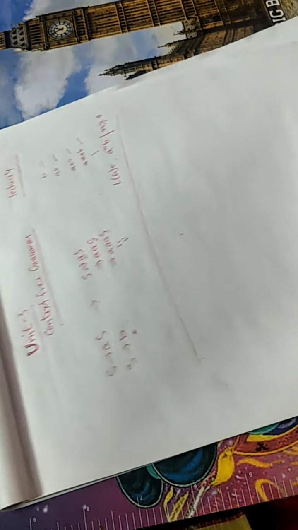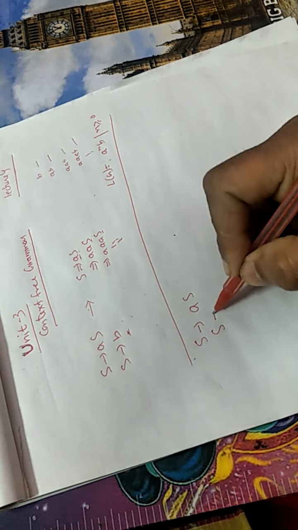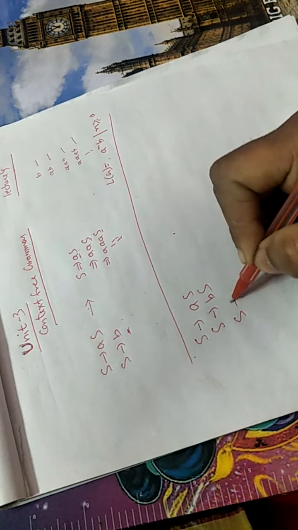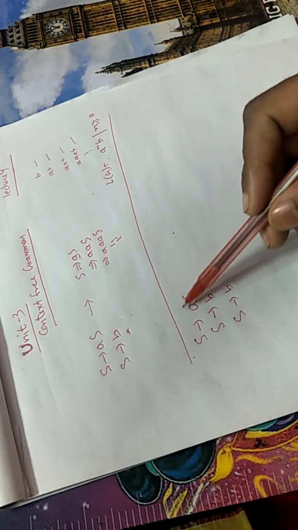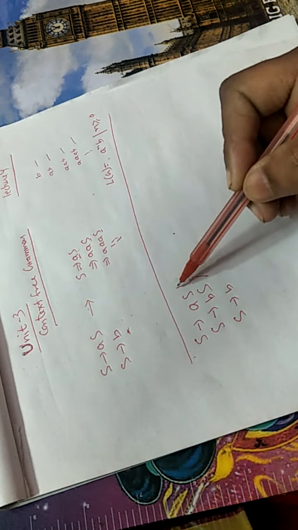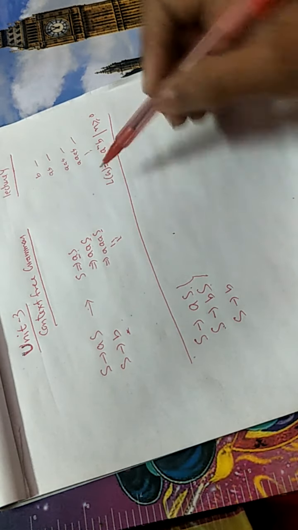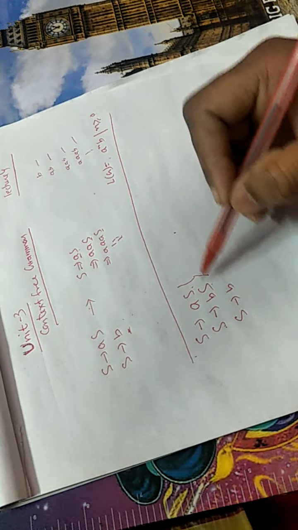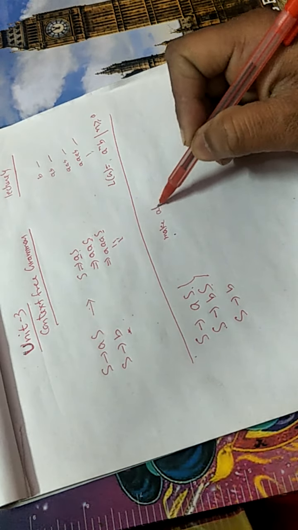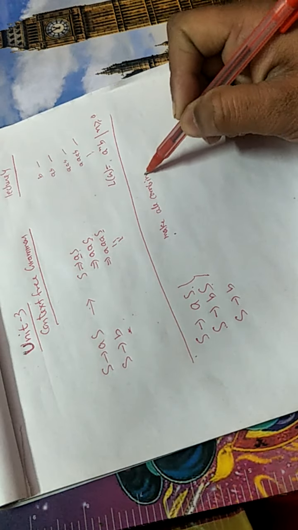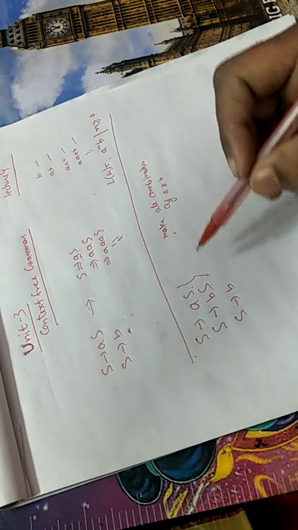Now look at another grammar. S tends to AS, S tends to BS, and S tends to B. So we need to analyze the grammar given here. We need to analyze the productions S tends to AS and S tends to BS. They are used to make all combinations of A and B. Why?